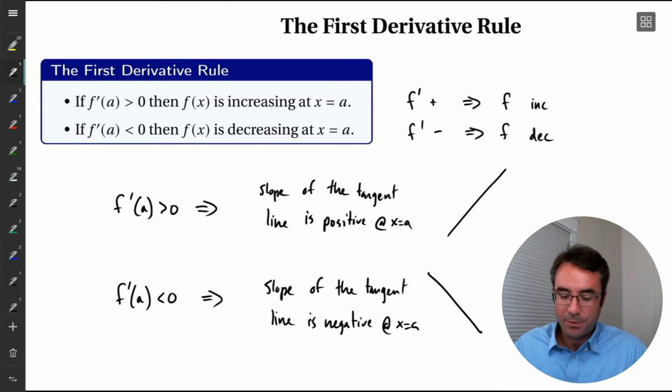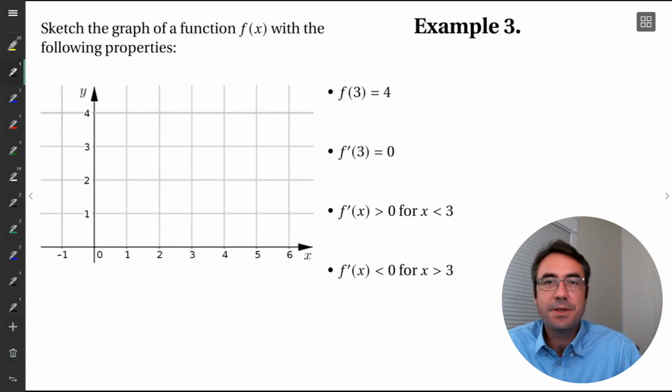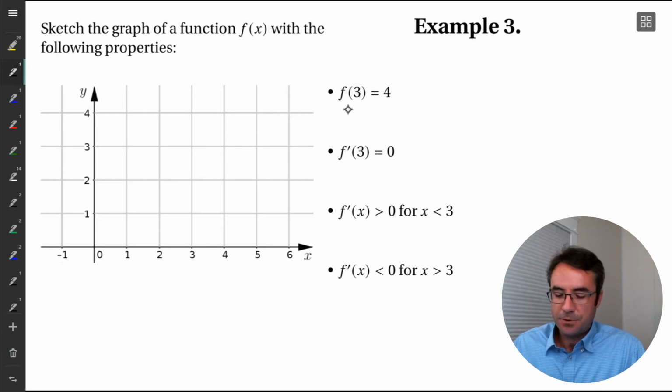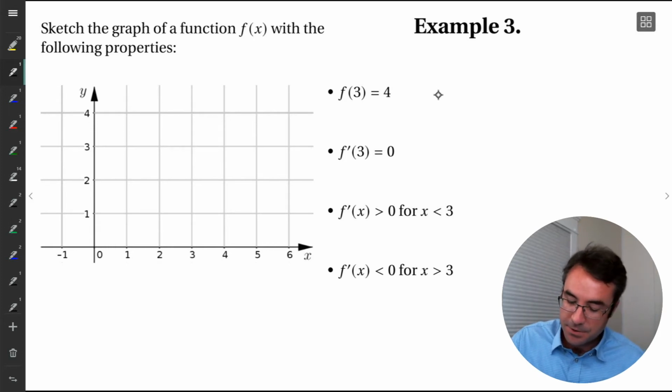Let's see an example where we use this. So let's sketch the graph of function f that has these 4 properties. First property here, f of 3 is equal to 4. So what this is telling us is that there's a specific point on our graph. This property is telling us that point (3, 4) is on the graph of f.